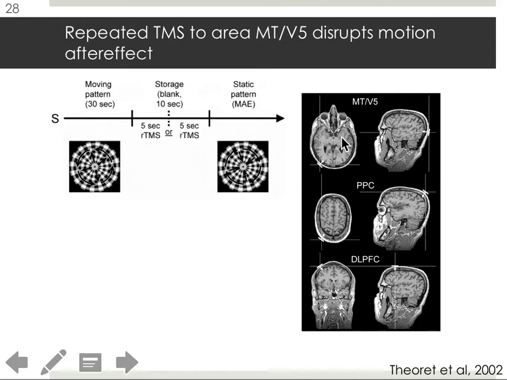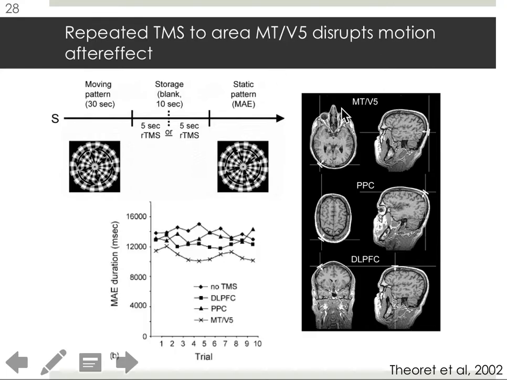Furthermore, when you use repeated TMS, right, when you take a magnet and you stimulate the motion areas known as area MT or V5, so that's a hub of motion sensitivity processing in the visual system.